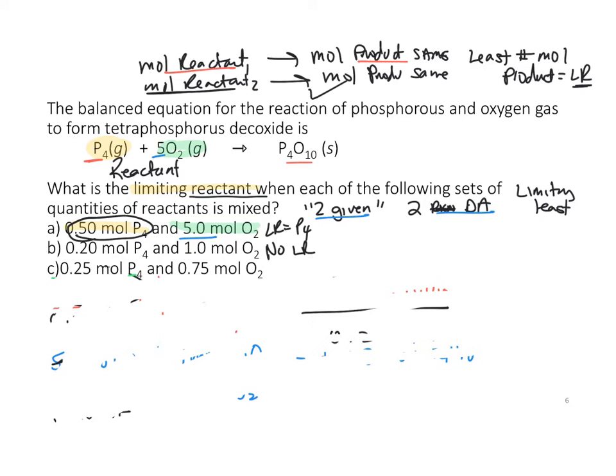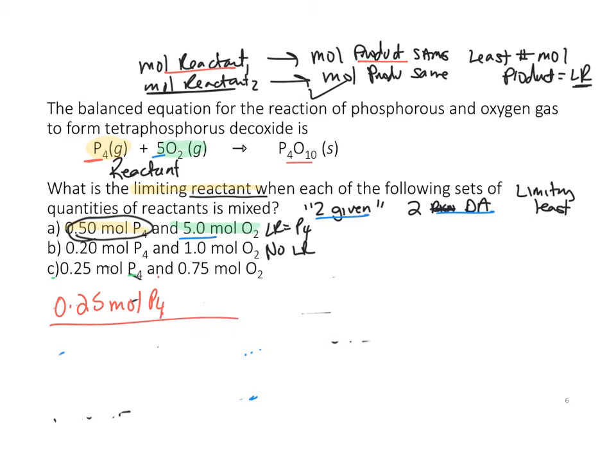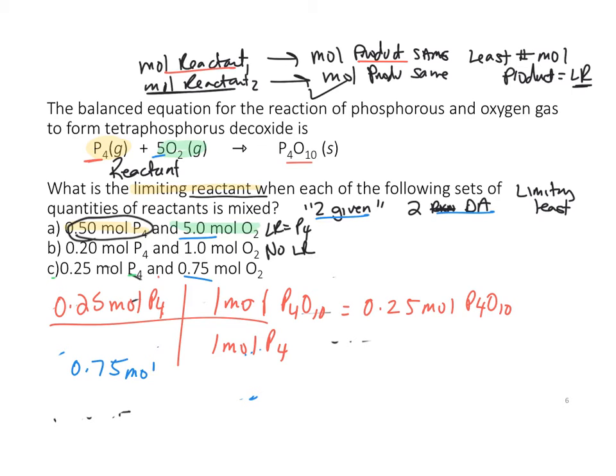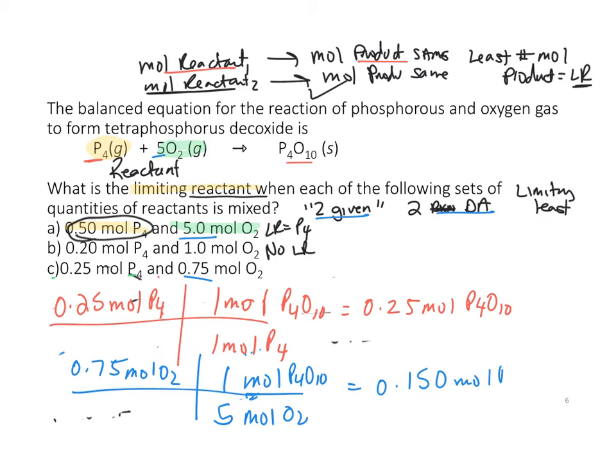So we're going to do C. 0.25 mole of P4, and for 1 mole of P4, look at the coefficient, we get 1 mole of P4O10, so that would be 0.25 mole of P4O10, and then we have 0.75 mole of oxygen, and for mole of oxygen to mole of P4O10, we have 5 moles of oxygen for 1 mole of P4O10. 0.75 divided by 5 is 0.150 mole of P4O10.